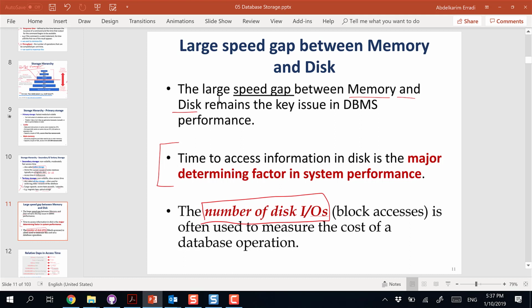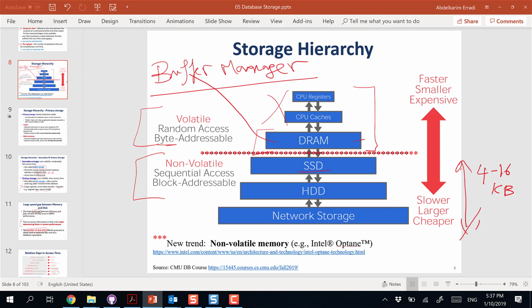So, for example, let's say I want to get the transcripts of a particular student, that will be a query. If I want to cost that query, how much that query will cost, I will say, for example, that it will require reading 5 blocks. That's the cost. Because of the speed gap, we can basically ignore all the computation that takes place here.